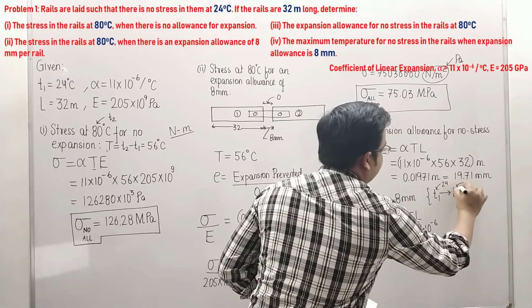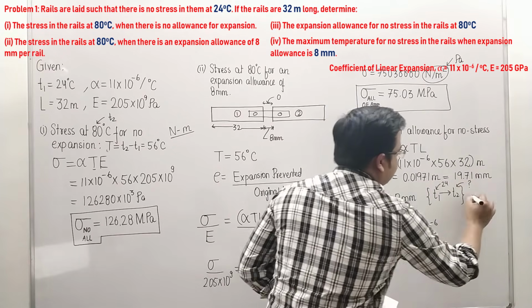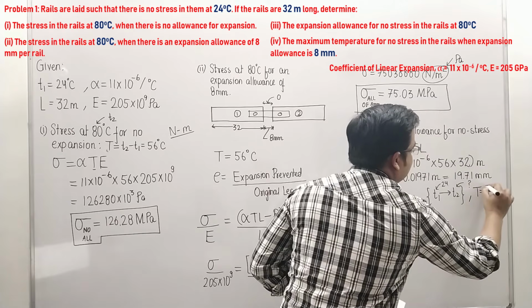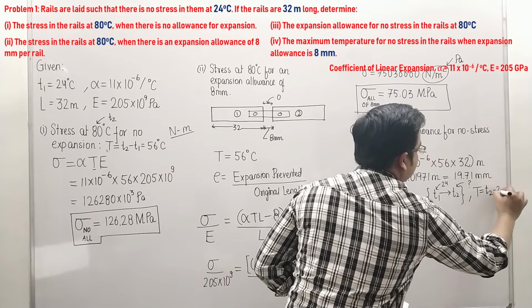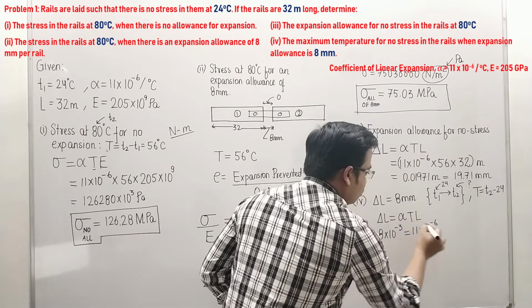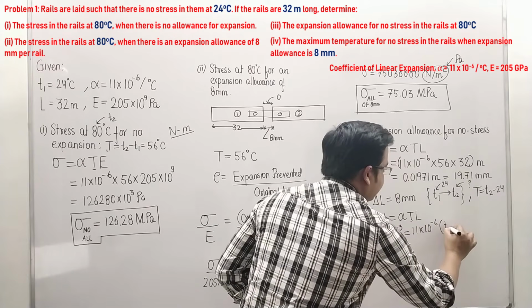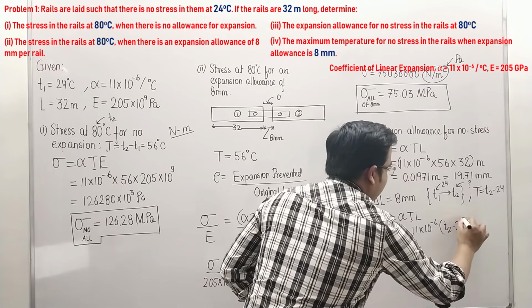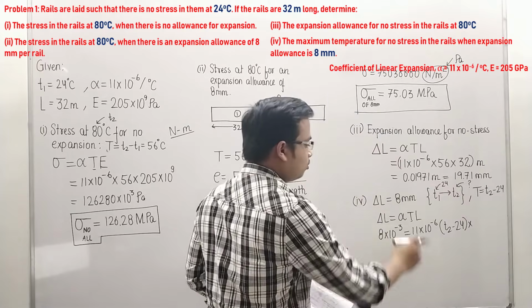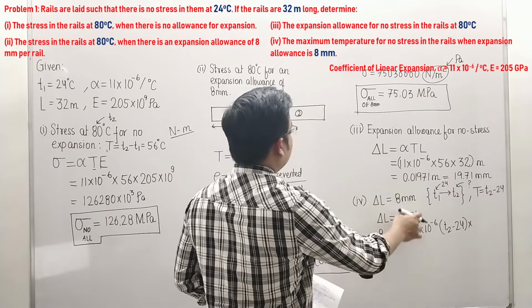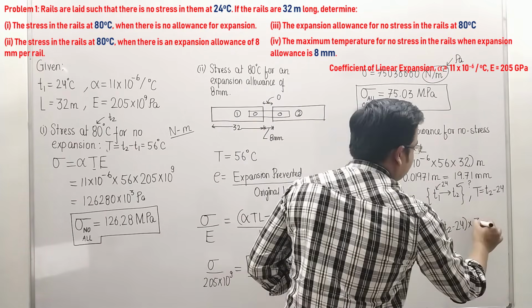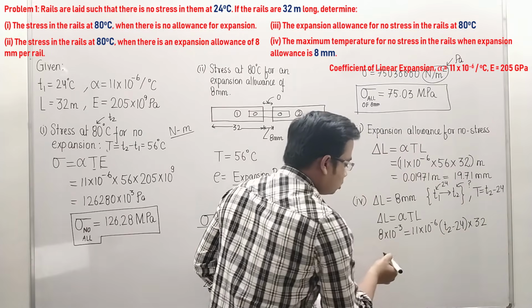We don't know what T2 is. So what can we do? We can write the rise in temperature as T is equal to T2 minus T1, that is 24. So in place of this T over here, this rise in temperature, I can write T2 minus 24 multiplied by length. Now this length also has to be worked out in meters. The length of each rail is 32. So that's 32 for you. So you just do this math.